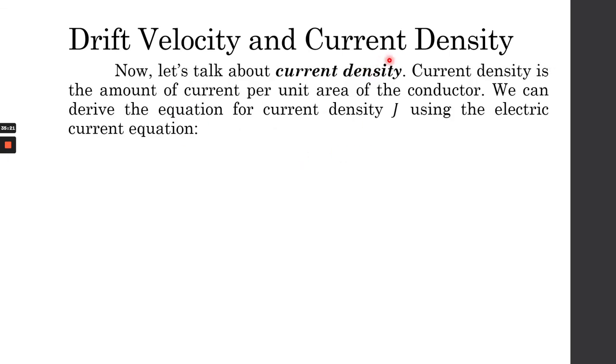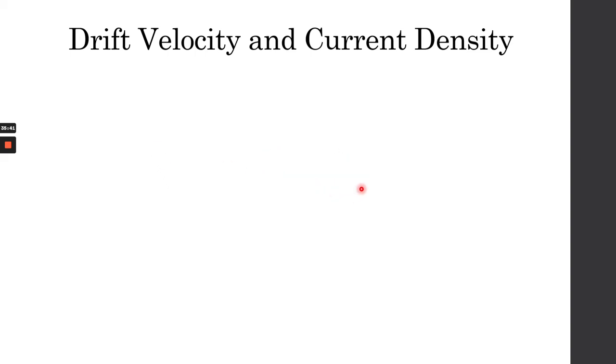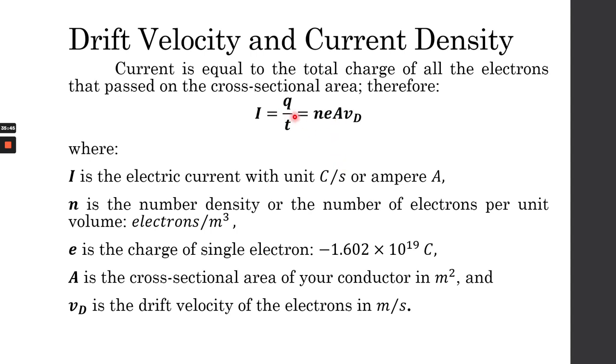And lastly, we're going to discuss current density. So what is current density? Current density is basically the amount of current per unit area of the conductor. We can derive the equation for the current density, which we denote with the letter J, using the electric current equation. We use this right here.